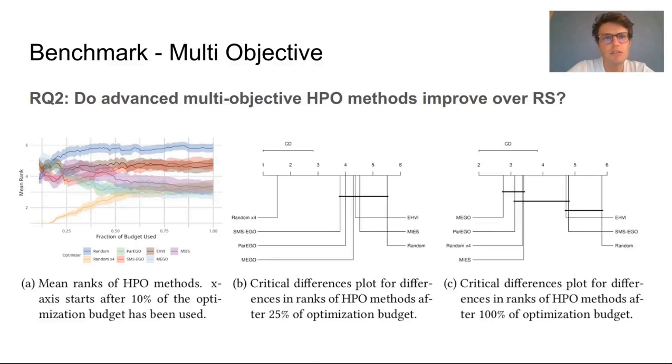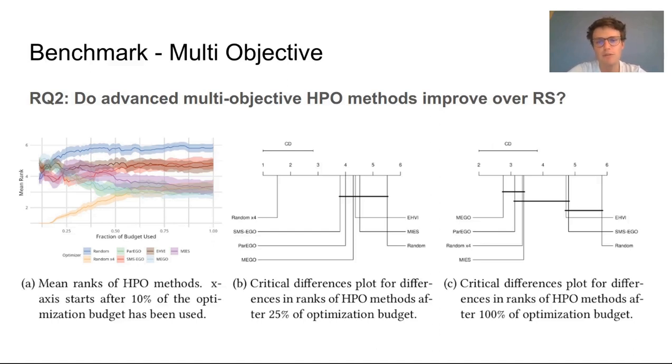As a second research question, we want to answer whether multi-objective HPO methods improve over random search. In order to evaluate this, we compare several multi-objective baselines against random search and random search with a quadrupled budget as a strong baseline.